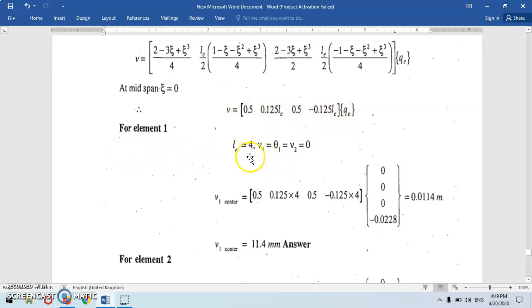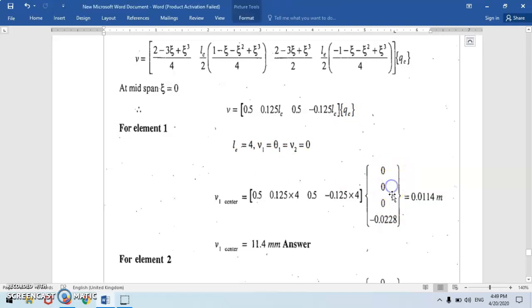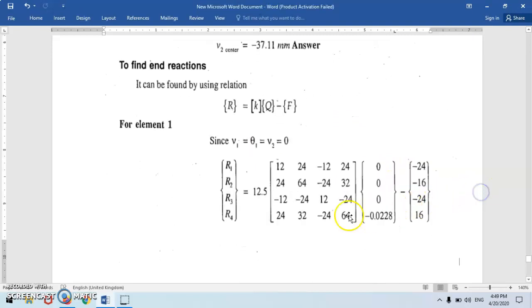That is 4. So LE is 4 for the first element, and V1, theta 1 and V2 are 0 for the first element. Substitute all those in this Q. What is Q here? QE for the first element is V1 theta 1, V2 theta 2.